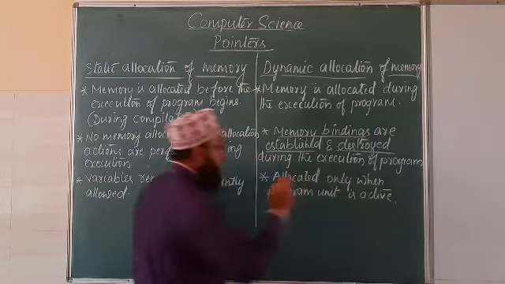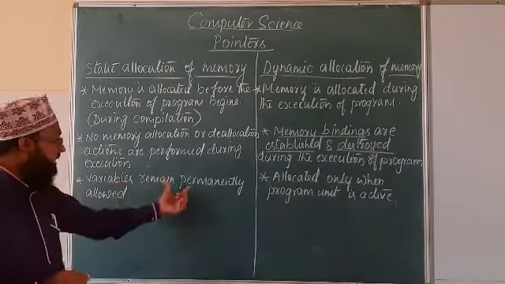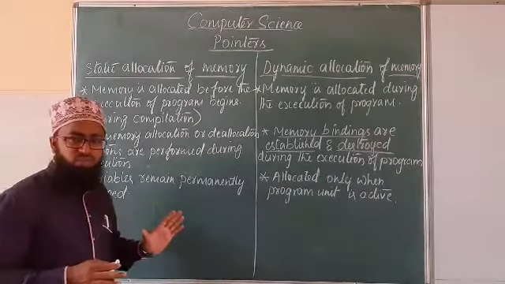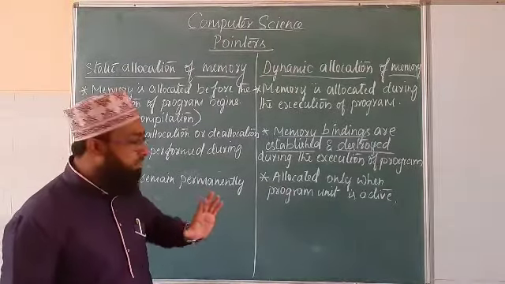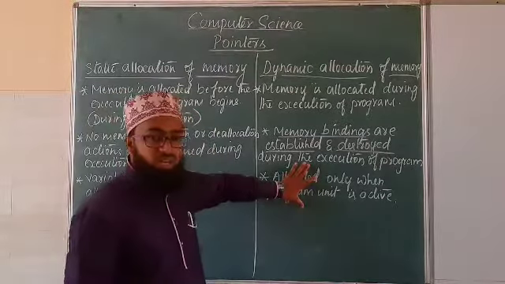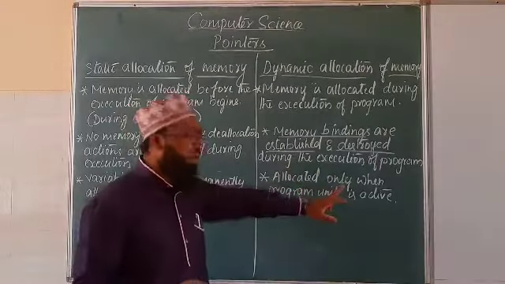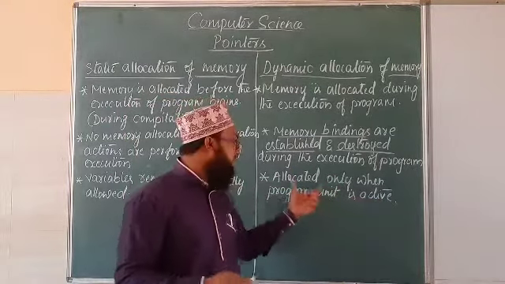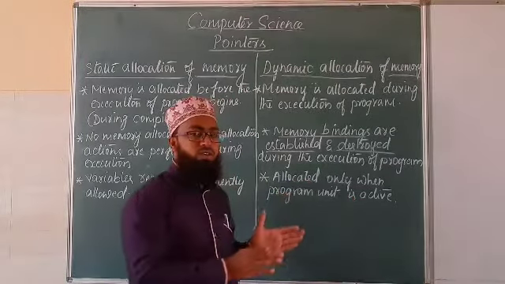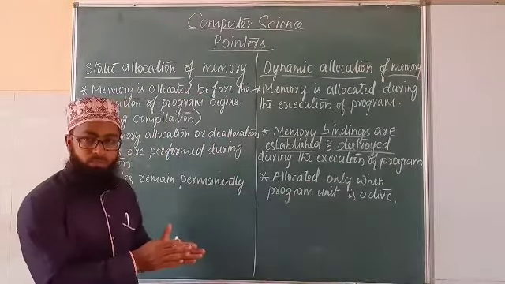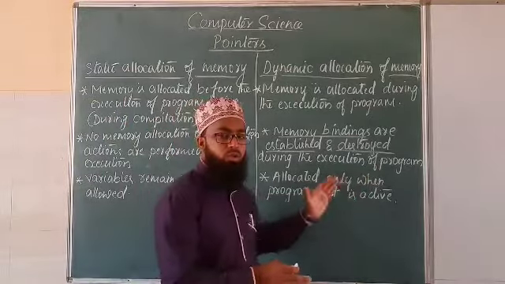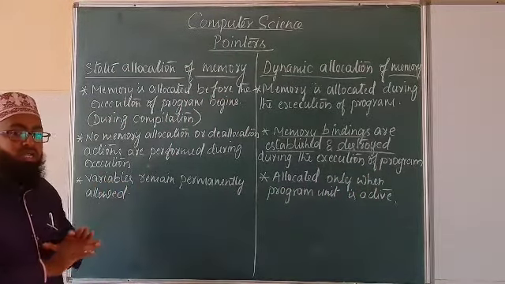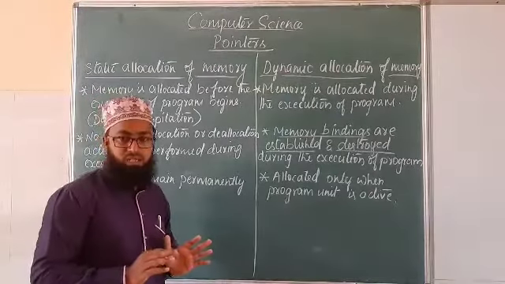Here variables remain permanently allowed at every time, at any moment, but in dynamic allocation variables can be allowed only when the program unit is active. Allocated means allowing variables to store in memory. But in static allocation, variables are allowed at any time, permanently.